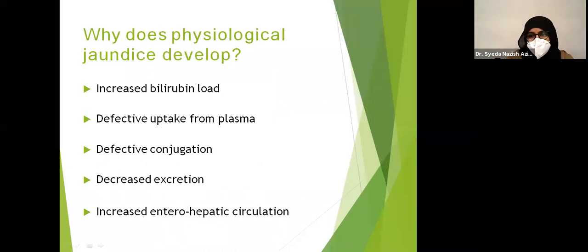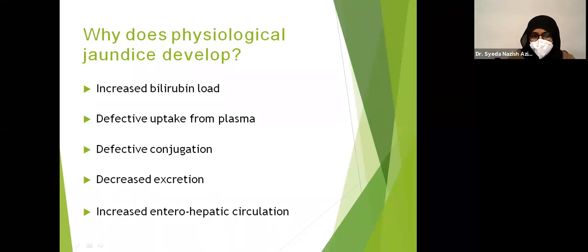Neonates get physiologic jaundice because of their increased load of RBCs, which have a shorter lifespan. When these immature RBCs degrade, the heme released converts into bilirubin and gives rise to a big load of bilirubin.